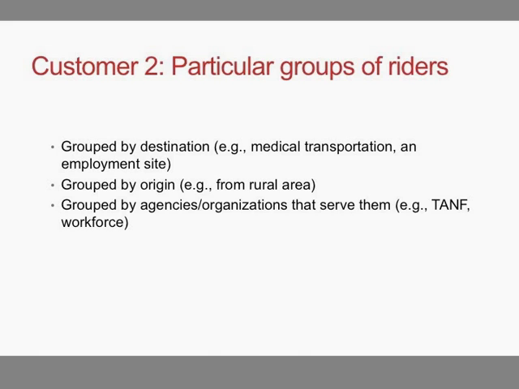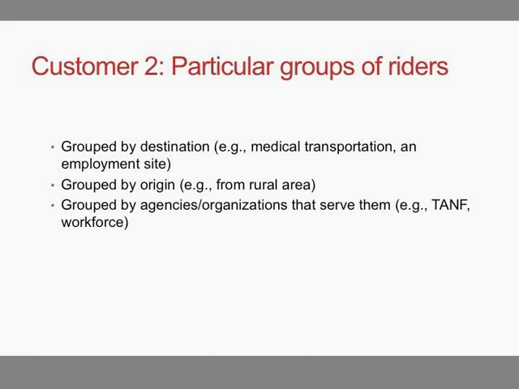Or there may be a region in which the vast majority of workers need to travel to a neighboring urban center for jobs. For example, in Maryland, a van service was set up to bring lower-income workers from an inner-city area in one county into a neighboring county that had many unfilled jobs.